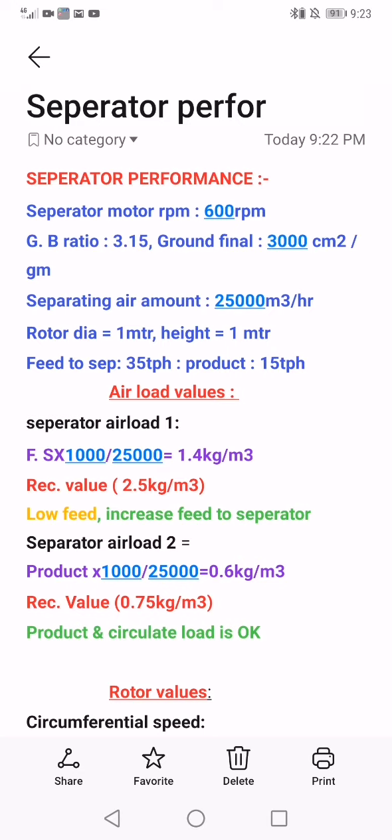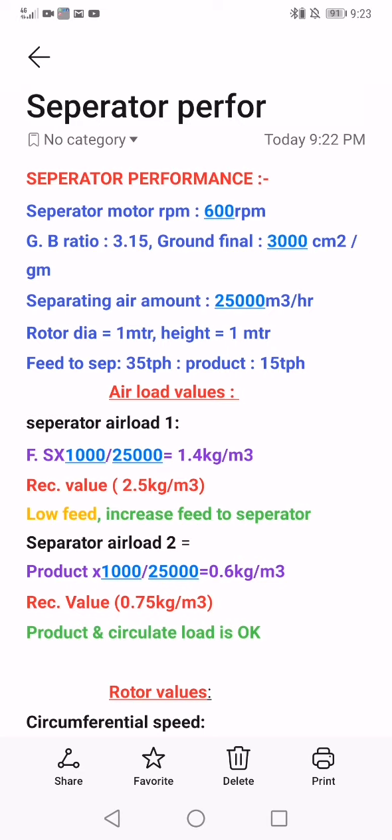Separator motor RPM 600 RPM and gearbox ratio 3.15, and the final product blaine is 3000 centimeter square per gram, and the separating air amount is 25,000 meter cube per hour.